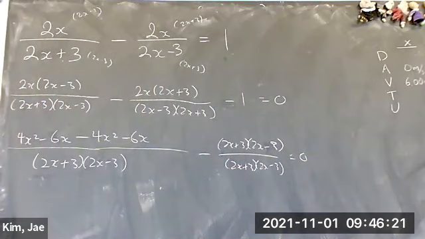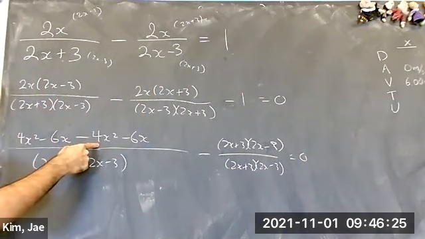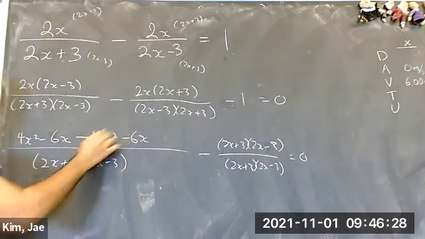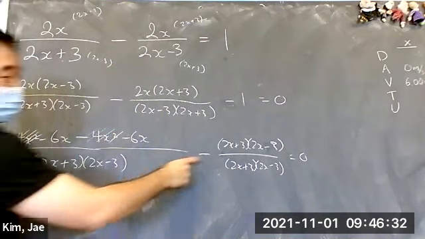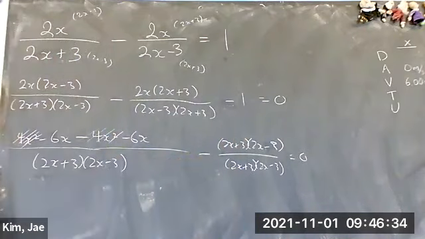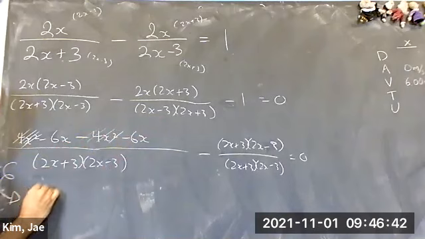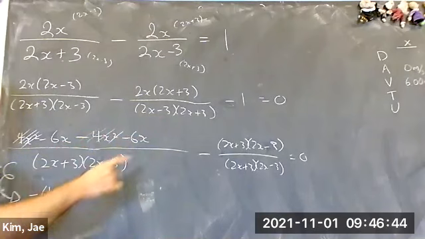Okay, final line becomes 0. This becomes a negative 12, but I am subtracting by this as well. So again, I'm going to skip a couple of steps and just do the calculations very quickly. This will become negative 4x squared.